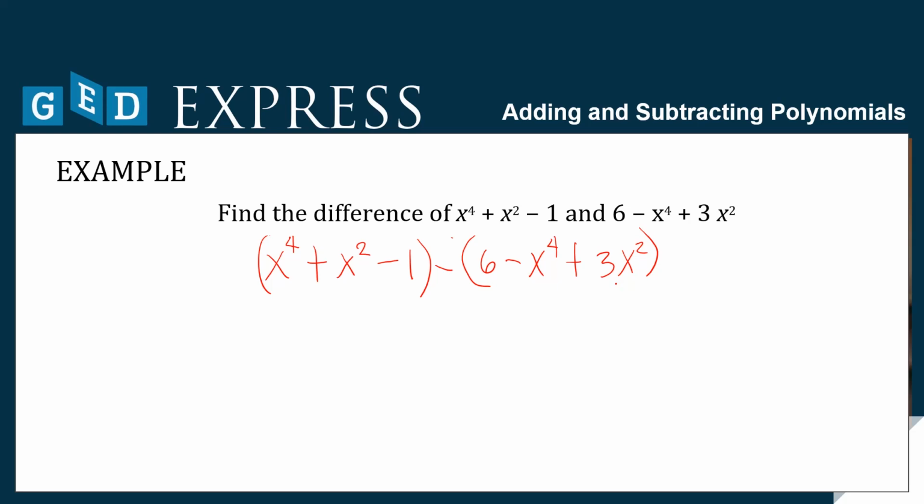To set up a subtraction problem with two polynomials, write the first polynomial as it is, as what I did. Then write the second polynomial in parentheses with a minus in front. Next, distribute the negative to every term inside the parentheses.